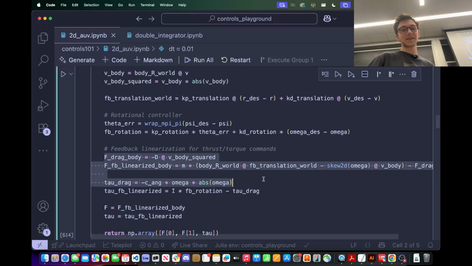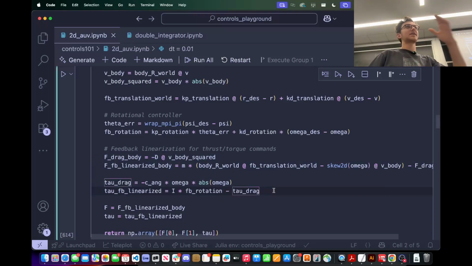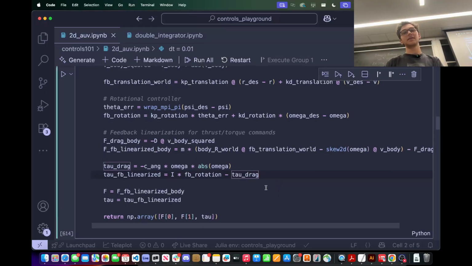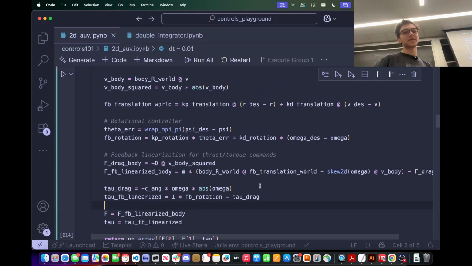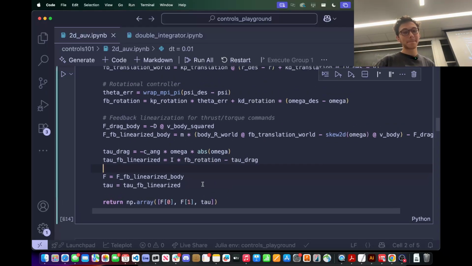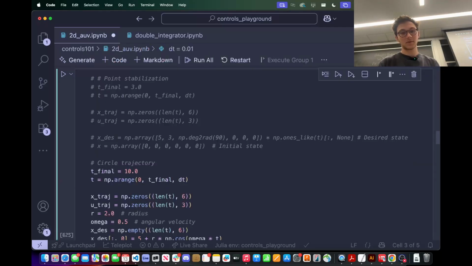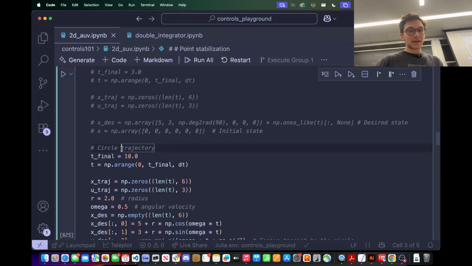And so yeah, we do this in the translational dimension, and we do this in the rotational dimension. So we do this for position, we do this for rotation. And ultimately, at the end, what we spit out is our three controls, which is the force and the torque. So this is the feedback linearized force, feedback linearized torque.